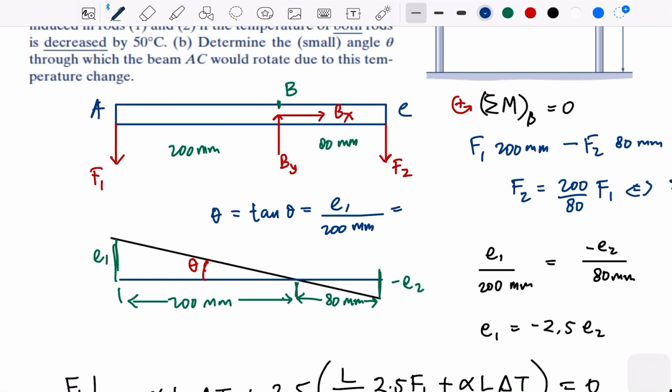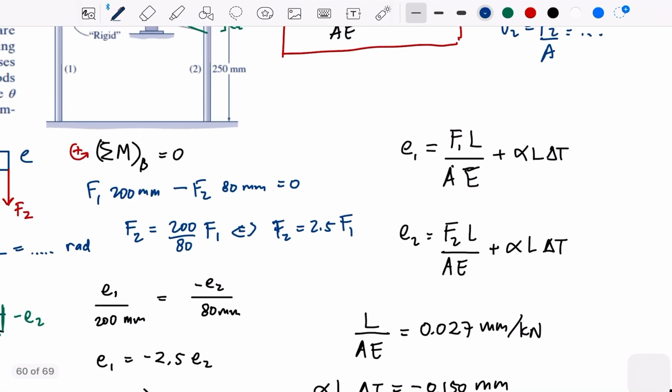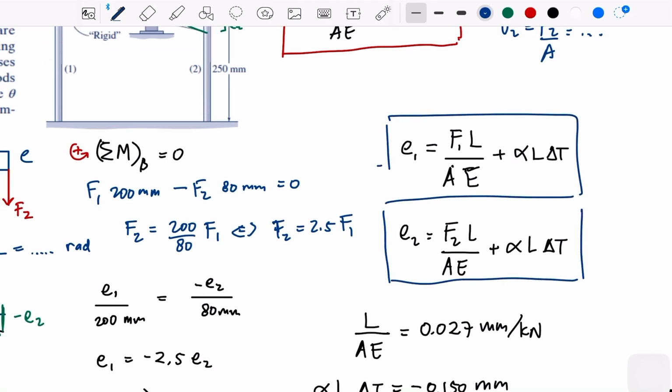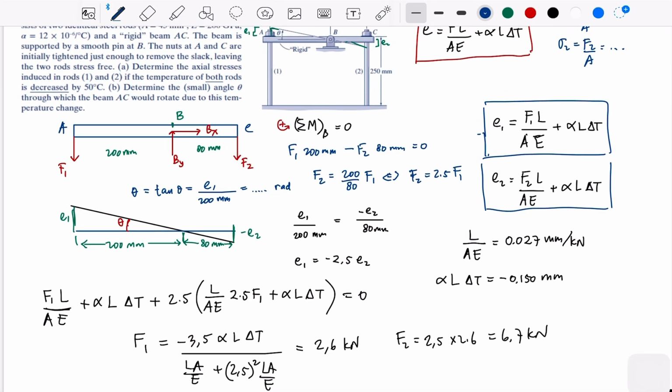And the answer, just to remind you, sometimes we forget, this is in the radian. Okay. And then the E1 can get from here. Okay, not really complete, but I think we have all the information we need.